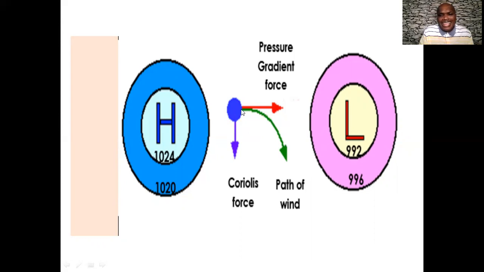Now the wind is taking a curved path. Instead of flowing straight from the high pressure to the low pressure area, it is taking a curved path because the Coriolis force causes the wind to deflect or deviate from its direction. So the Coriolis force is responsible for that, and the wind then takes this curved path.